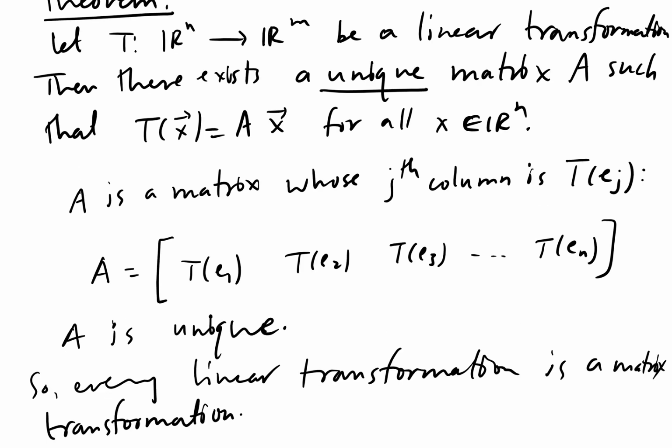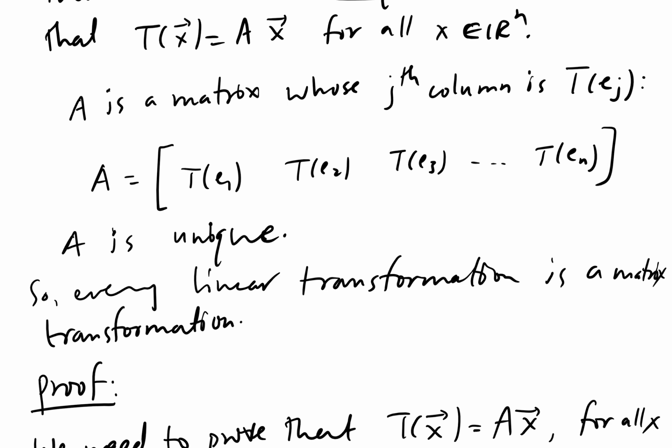So we said that the theorem said that if we have T that maps Rn to Rm be a linear transformation, then there exists a matrix A such that T maps x into Ax, and this matrix is unique. And then we commented more on the matrix. We said A is a matrix whose jth column is T of Ej, if you want to get the jth column of A. And again, as I said, A will be unique, so every linear transformation is a matrix transformation.